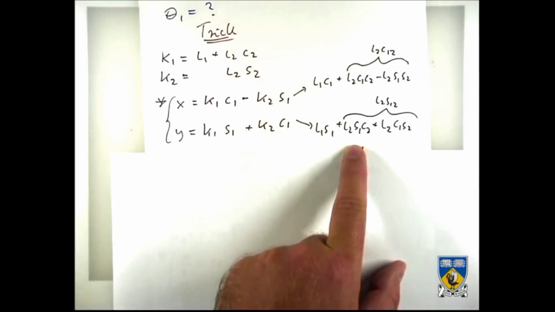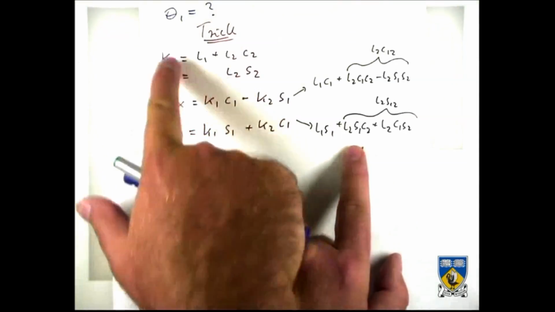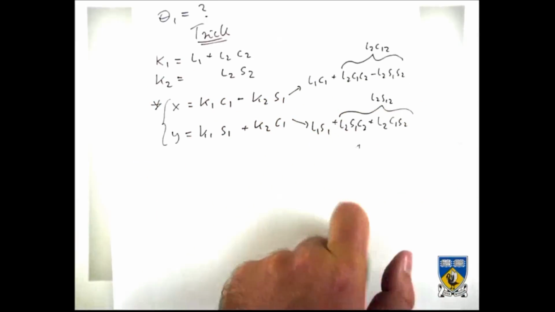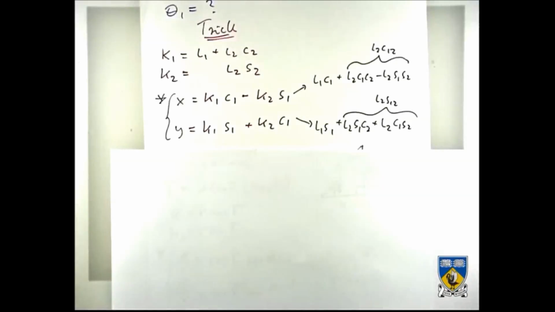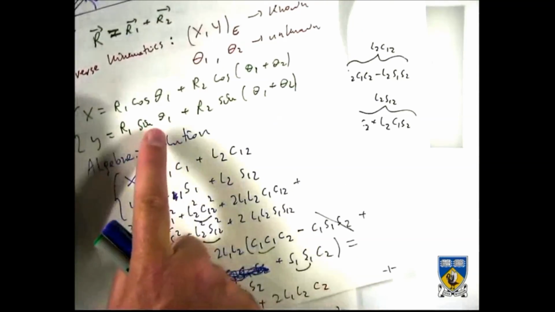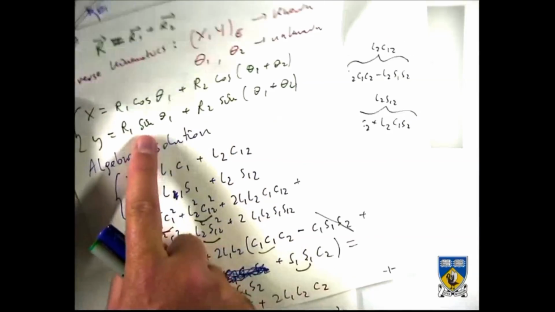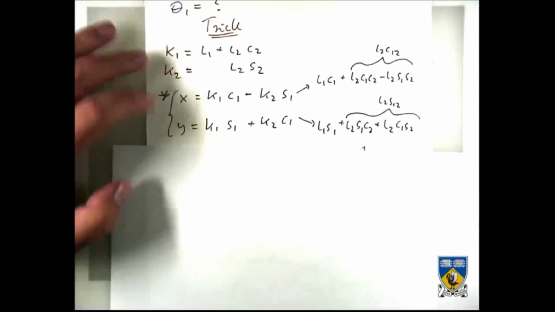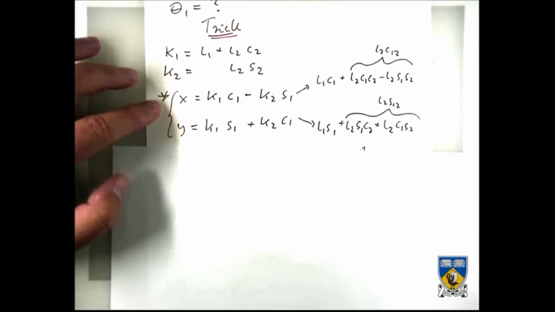I confirm it in black here. When I put back the definitions of K1 and K2 into this, I get these black equations, which are exactly the same as the green equations here. Okay, so we are working now with these equations with a star.